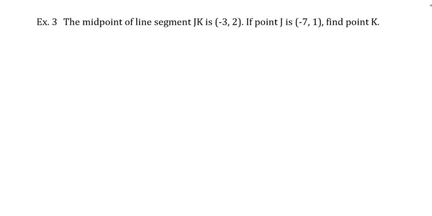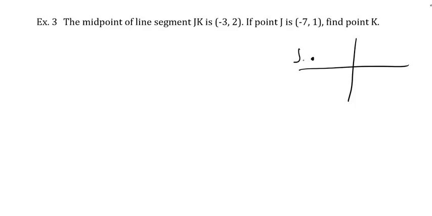But once you've done it a few times, again, it's very repetitive. It's kind of the same thing all over again. But it shows us the kinds of things that you can do in math. So the midpoint, let's draw it because I don't understand what it's saying. JK is a line segment. Point J is -7, 1.